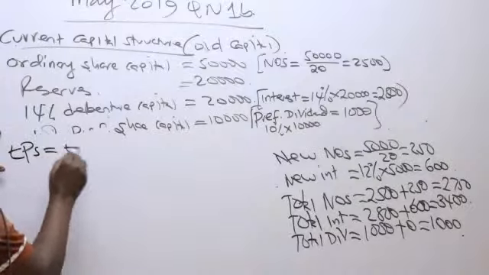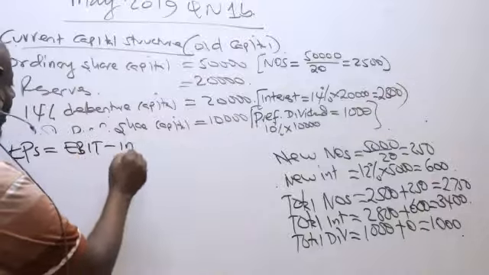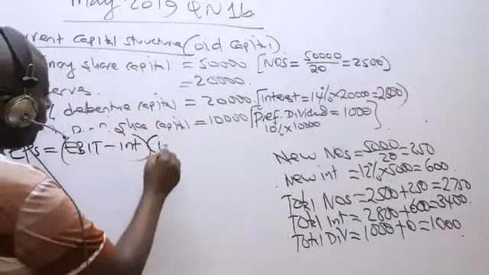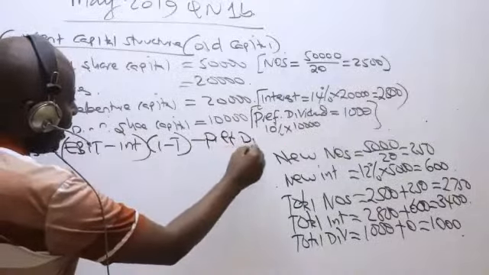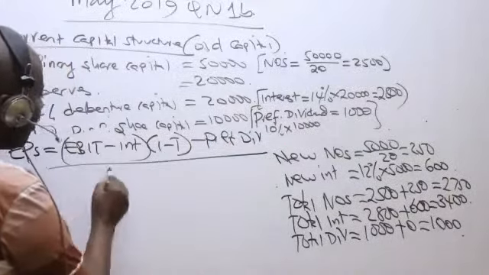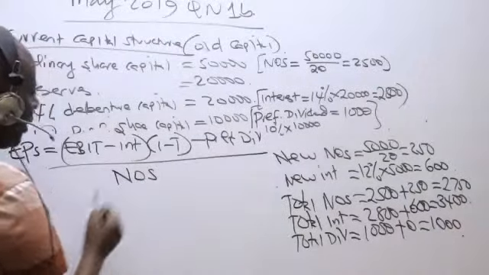Great. So then come here and give us the EPS formula. We are repeating again. It is EBIT minus interest, into 1 minus tax, minus preference dividend, all over the total number of shares.